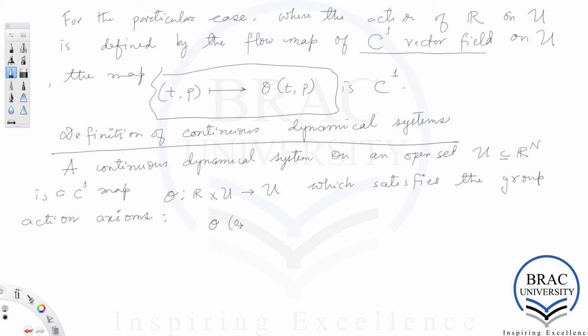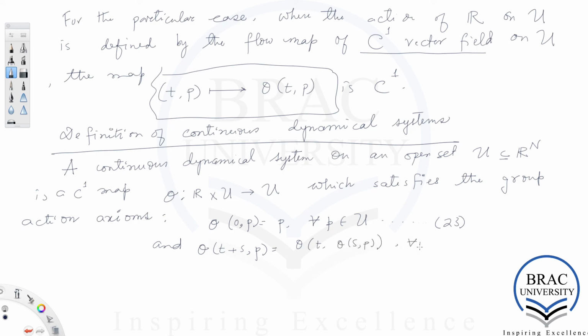Theta of 0 comma p is equal to p for all p in U. This is equation number 23. And we also want theta of t plus s comma p is equal to theta of t comma theta of s comma p.